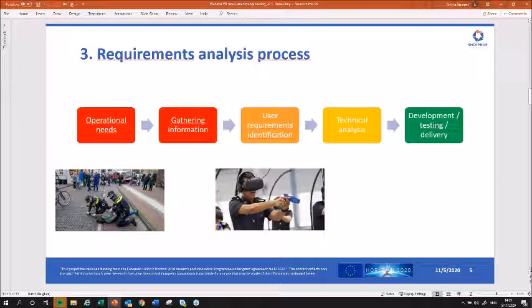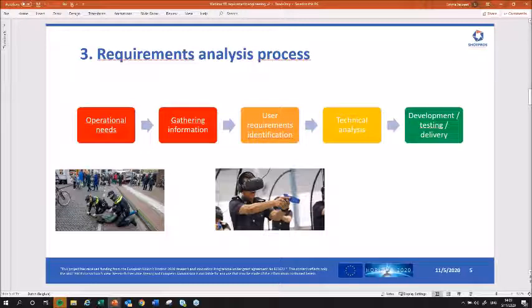So how do we start? It's difficult to pinpoint exactly a process that is always the same, because it depends a lot on the information that you collect in the different stages.